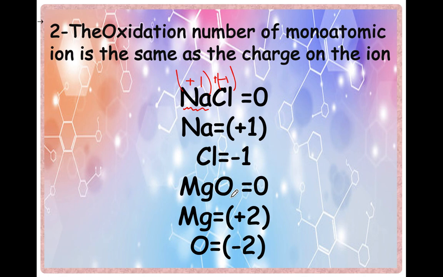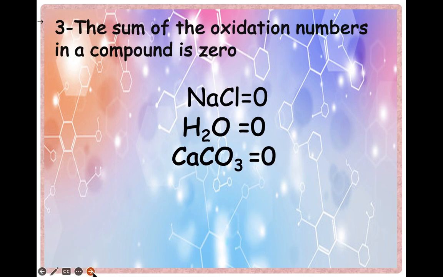Oxygen is in group 6, and it has an oxidation number of negative 2. The same: positive 2 plus negative 2 equals 0. So here the oxidation number of the whole compound is 0, but still we can work out each ion alone by knowing the other. The sum of the oxidation numbers in a compound is always 0.